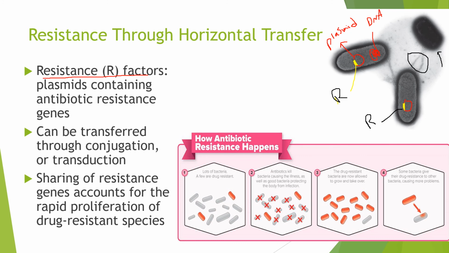And so this is how we end up with a lot of bacteria that are what? A lot of bacteria that are antibiotic resistant. So as you can see, this bacteria right here already had that intrinsic resistance. It had it within its plasmid. See how this bacteria basically acquired it via the conjugation pili.